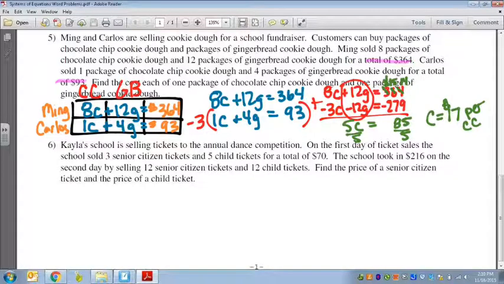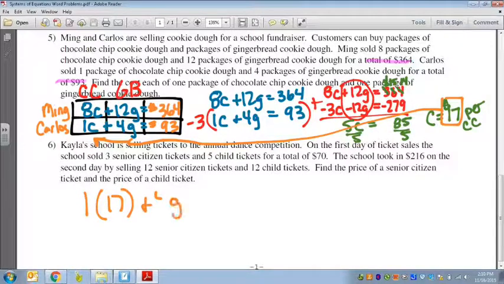Okay, but I also need to find gingerbread. So I need to plug in C to find the other missing variable. So let's plug 17 into the bottom one. The bottom one looks fairly simple. So I'm going to have 1 times 17 plus 4G equals 93.